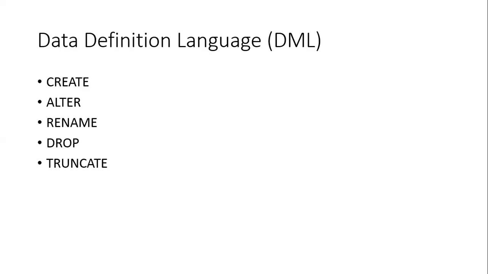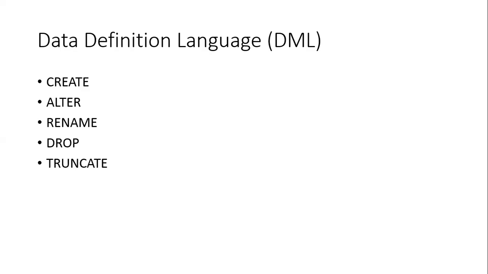We use the create statement to create a database or to create database objects. For instance, if you want to create a table, you can use the create statement to do that, and also other objects of databases.